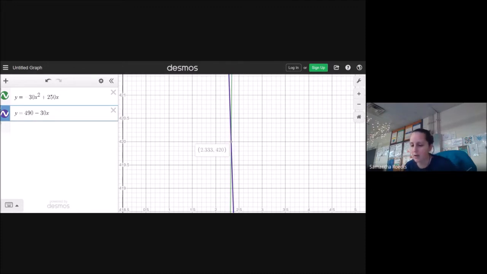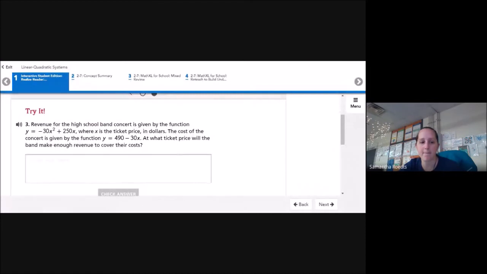Okay. So when ticket prices are between about $2.33 and $7, they'll make enough revenue to cover their costs.